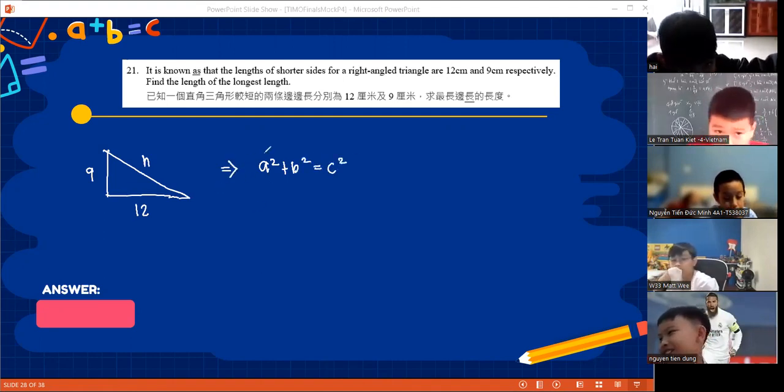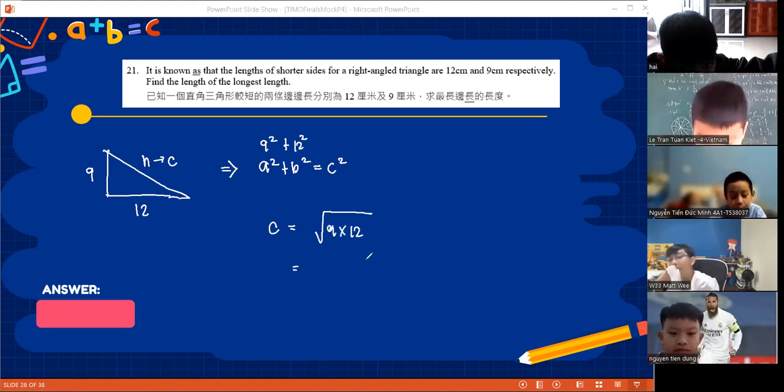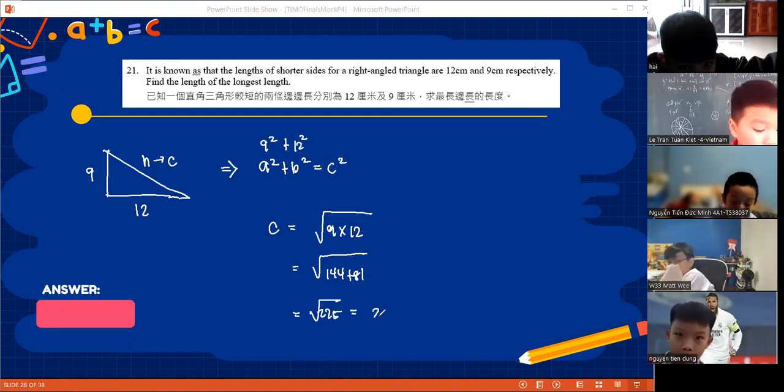The value for a here is 9 squared, while the value for b is 12 squared. So c is equal to the square root of 144 plus 81. So this is equal to the square root of 225, which is equal to 25. So 25 is our answer.